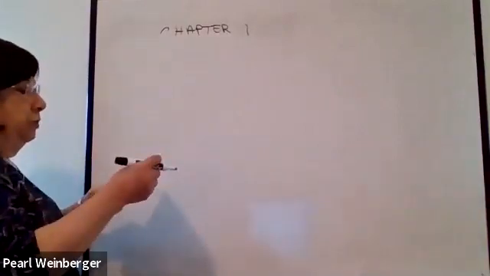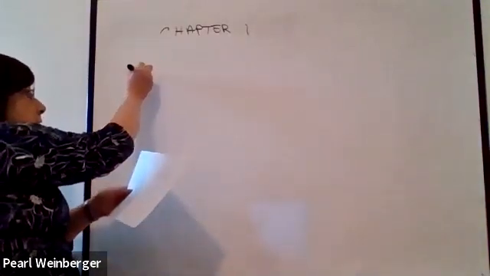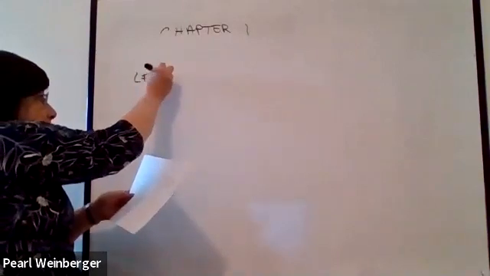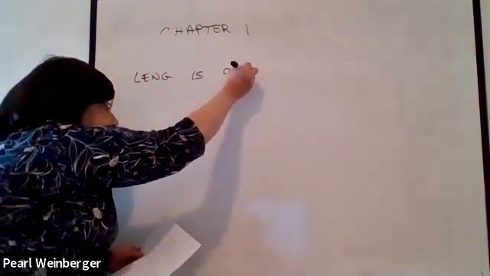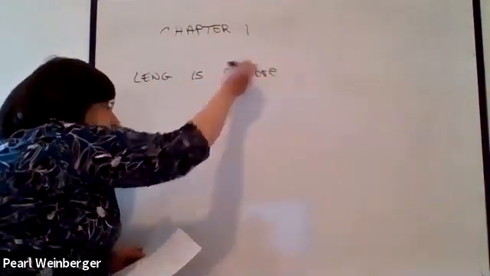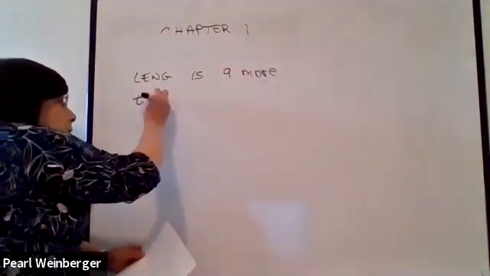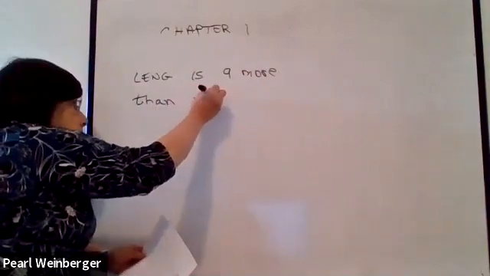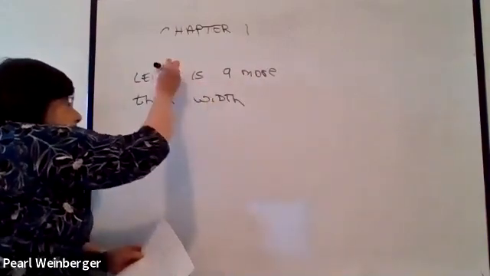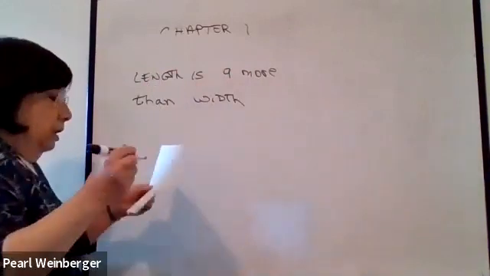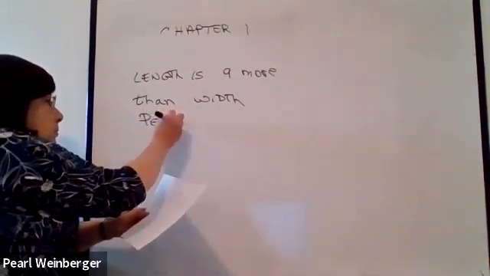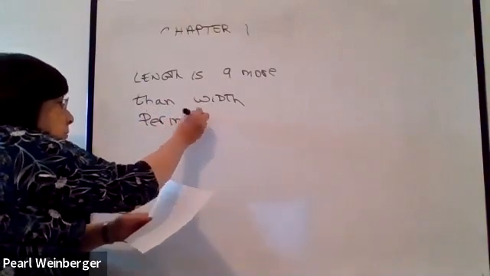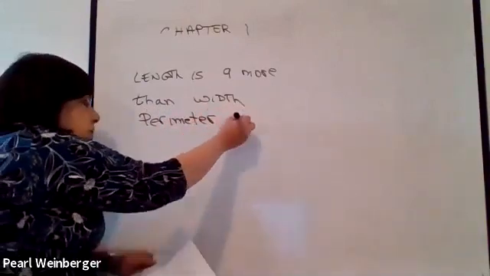Suppose we're told the length of a billboard is 9 more than the width. And the perimeter is 166.